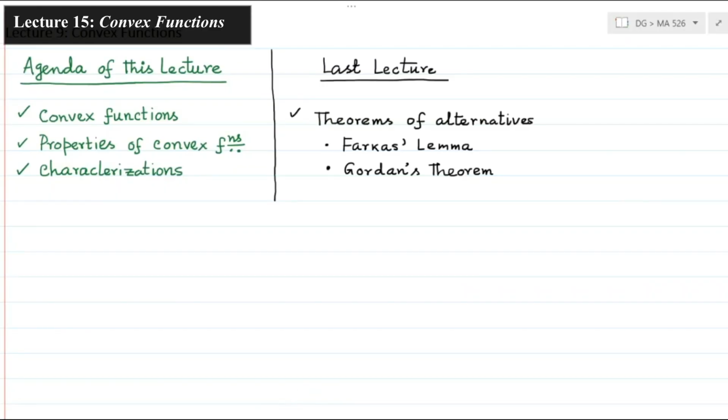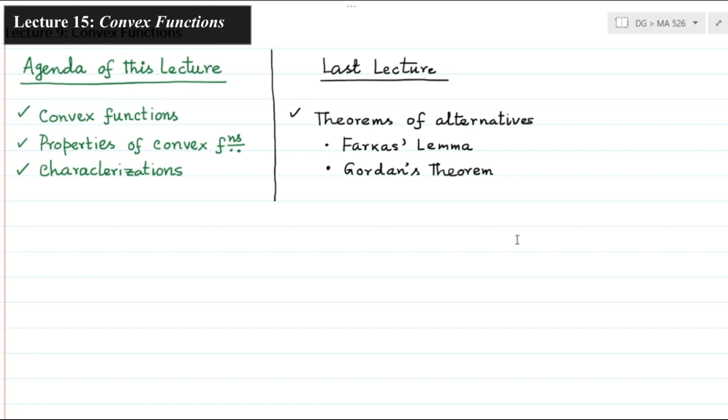In the last lecture, if we visit our class notes, we were discussing theorems of alternatives, where precisely two systems were given and only one system will have a solution, not both. Towards this, the Farkas lemma was derived.